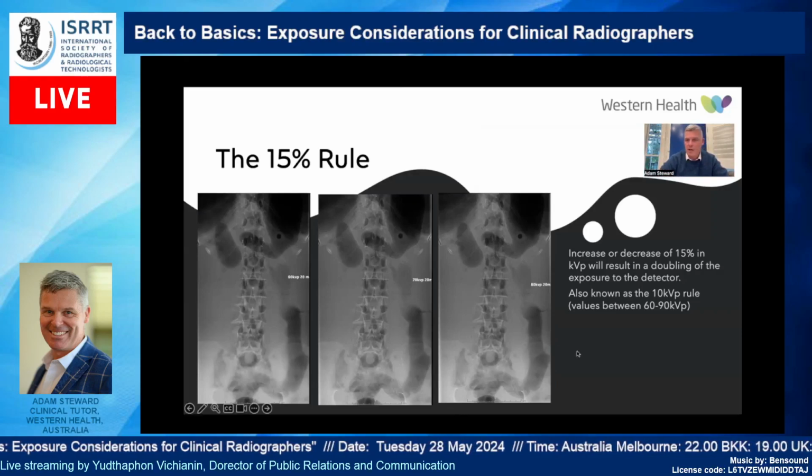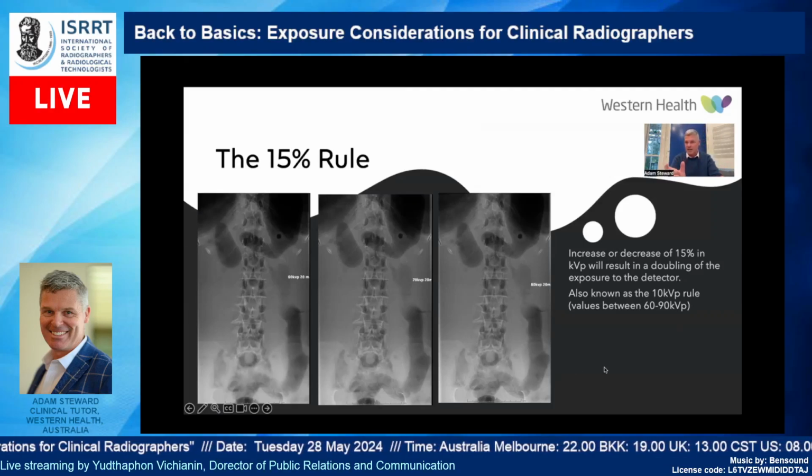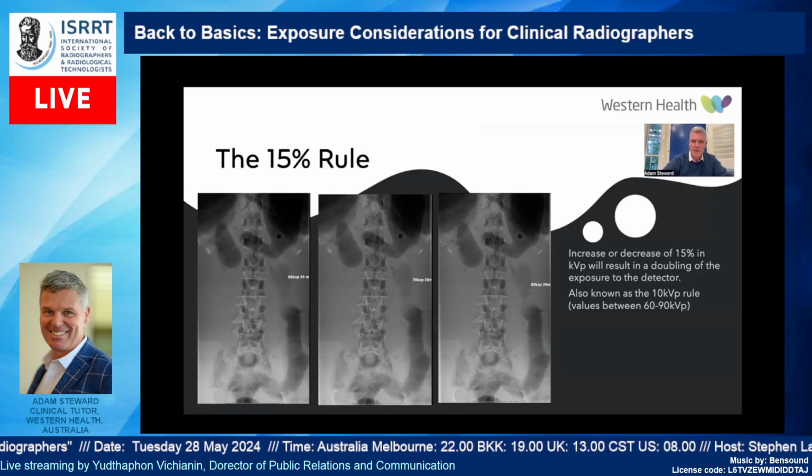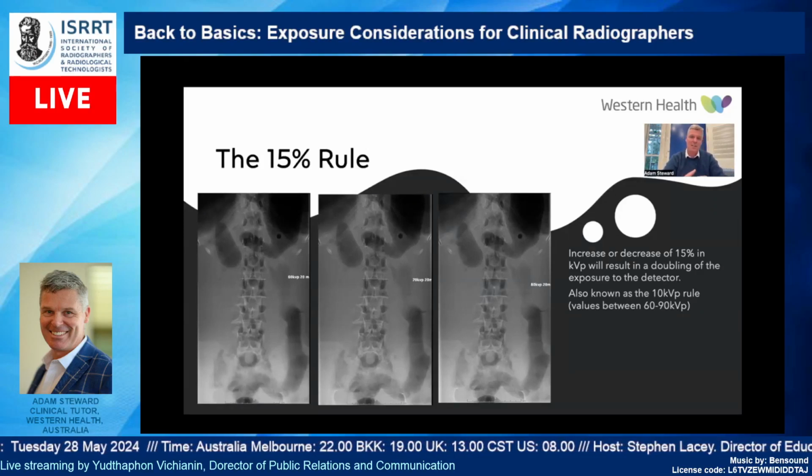So you can see here we've got our lower end values, 60 kVp, 70 and 80, which is largely that 10 kVp rule and is pretty much a 15% rule. I'm enticed to say there's really subtle changes in contrast. Maybe it's very difficult to determine the change in contrast. We'll touch on that in a second.